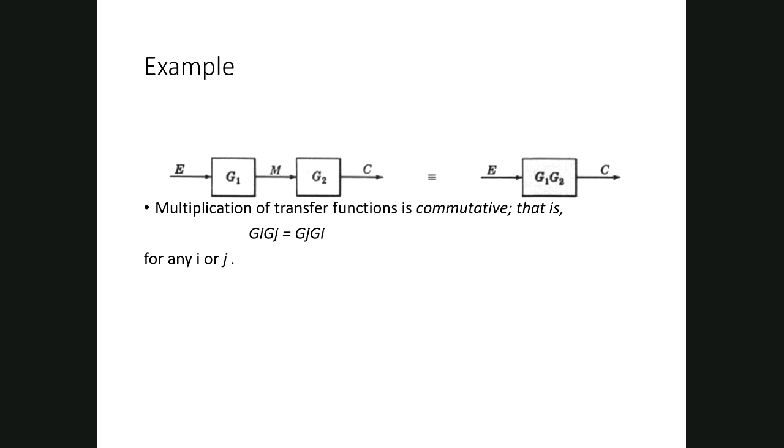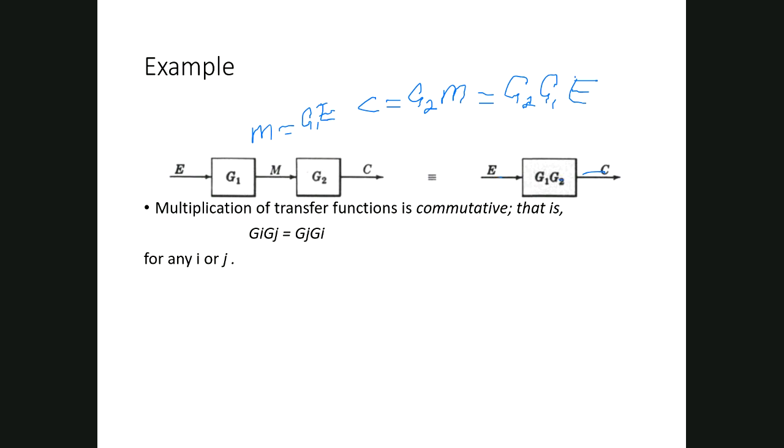We don't have that signal M again. Because, as I said, M is supposed to be G1 times E, and C is supposed to be G2 times M. But M is G1 times E, so this is G2, G1, E. And if you look directly from here too, C is G1, G2, E.